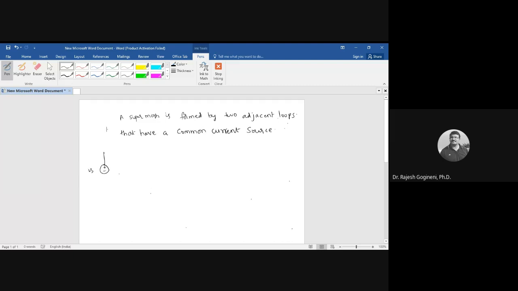Note down this circuit, which consists of three loops.